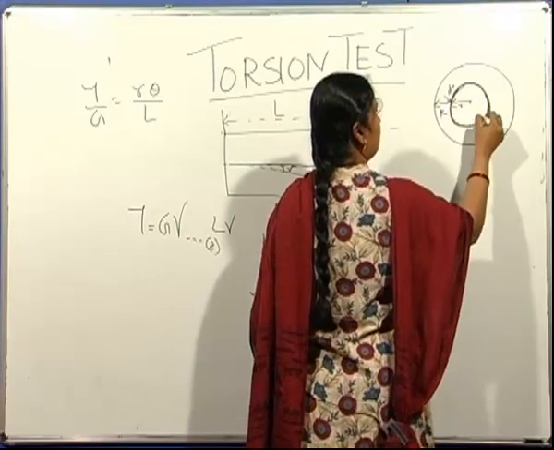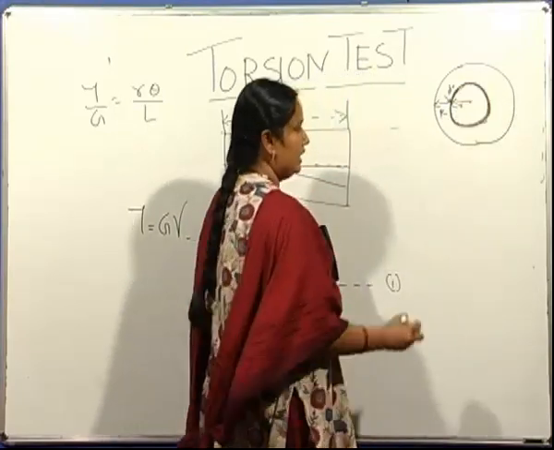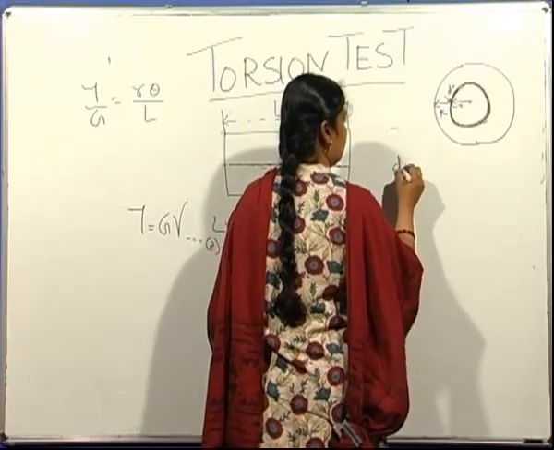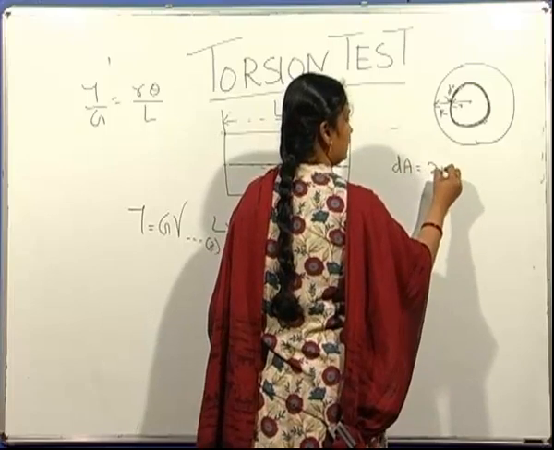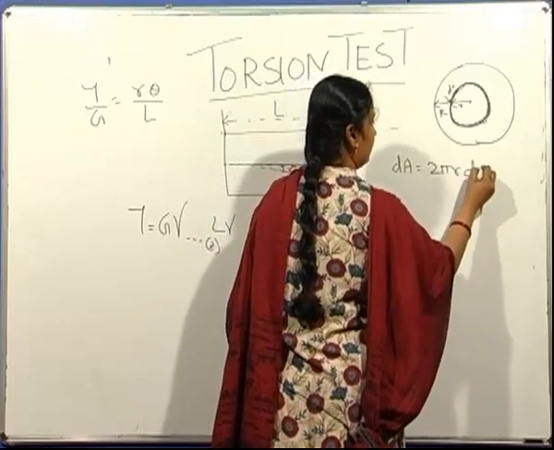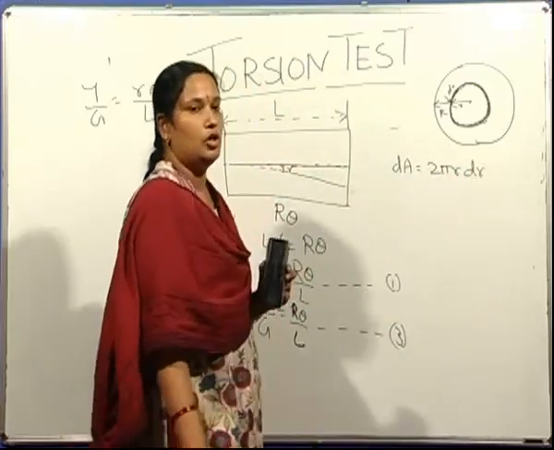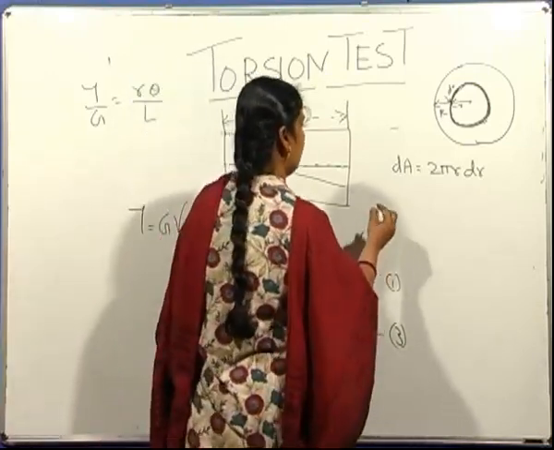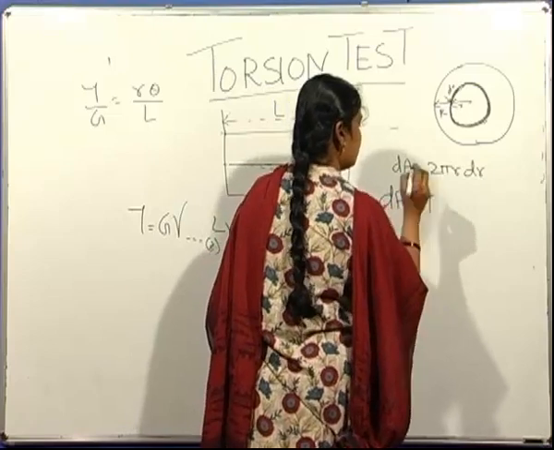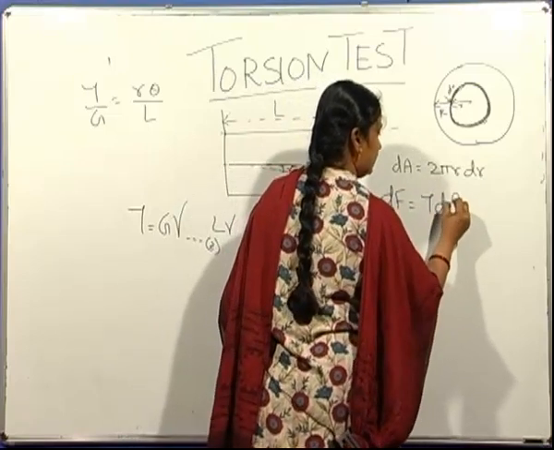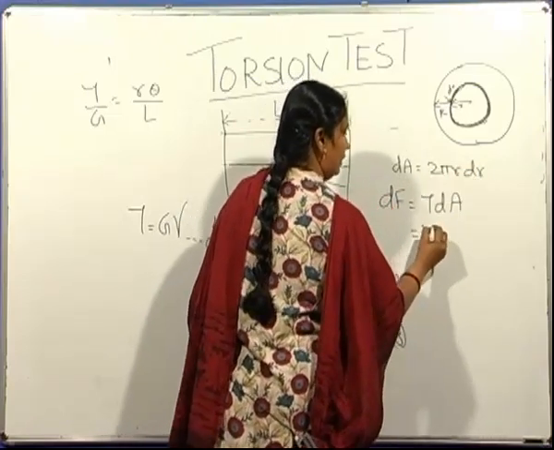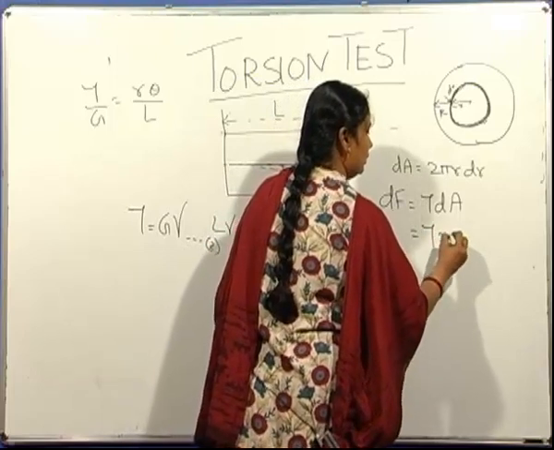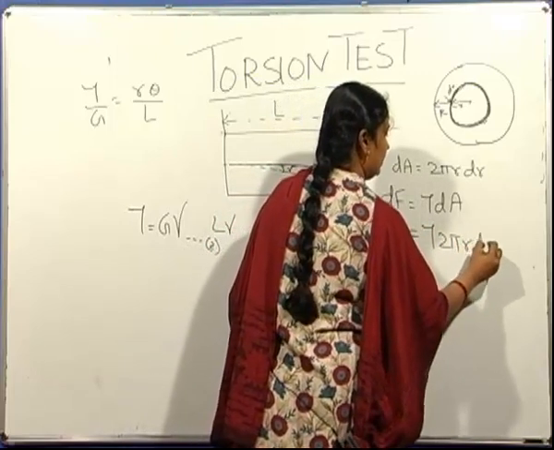The area of this elemental ring is dA, that is 2 pi r dr. The force on this elemental ring is equal to shear stress into area dA, so we have tau into 2 pi r dr.